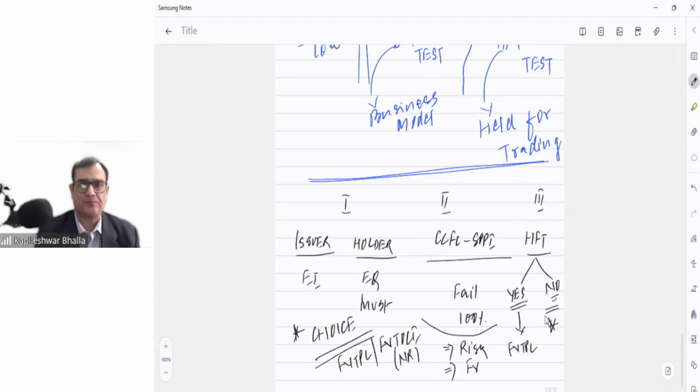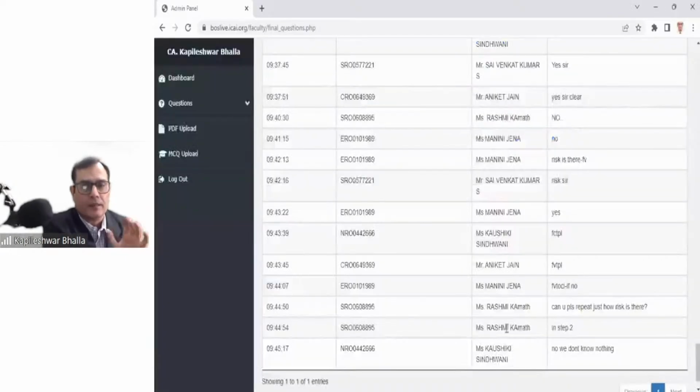Can I say no, I don't have any contractual rights to receive the principal and the interest on that principal. So can I say a failure of the contractual right to receive the principal and interest makes it a risky instrument? Agreed.